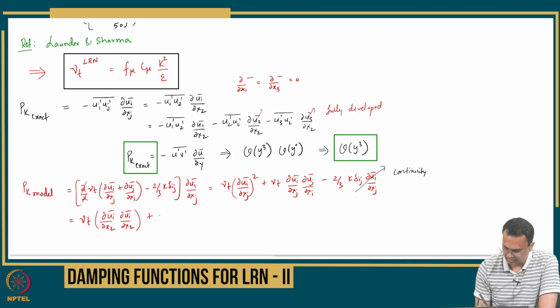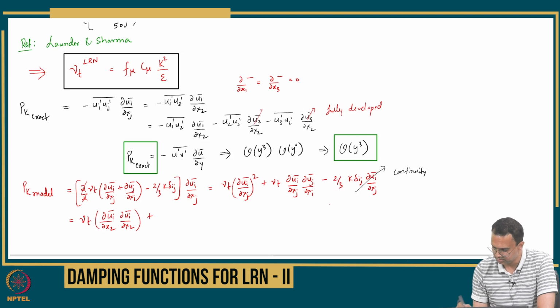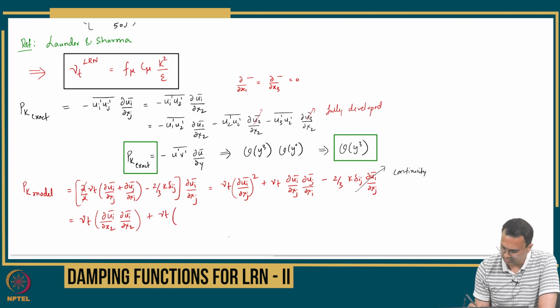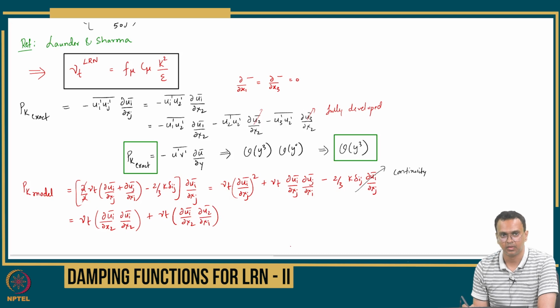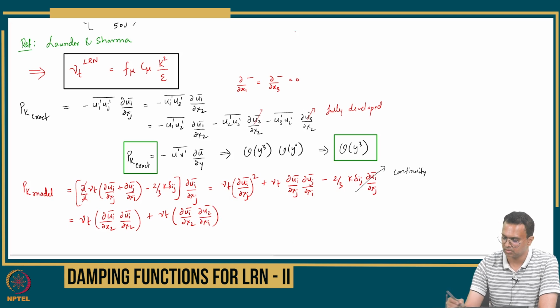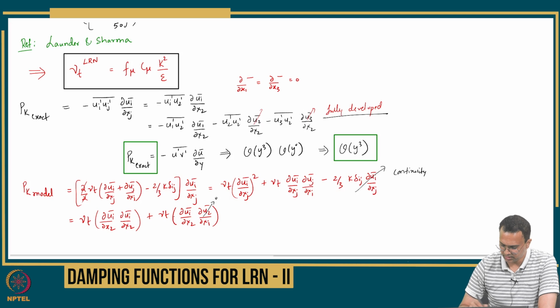Plus here I have nu t, and the same holds good, so I have dou ui bar by dou x2 dou u2 bar by dou xi. Okay, so u2 bar is 0 for fully developed flow, so this entire last term goes to 0.